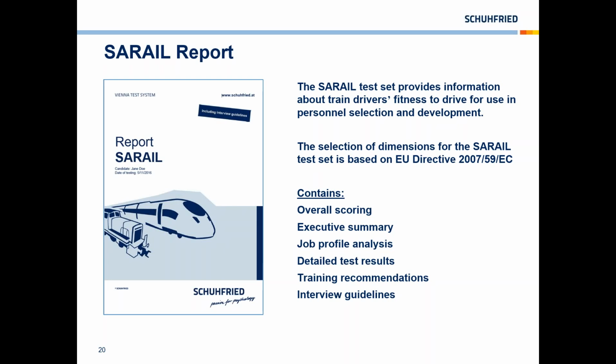You've got detailed test results and something new here, training recommendations. Very interesting: based on the test results, you get recommendations on how to improve. And you also get an interview guideline. This is also something new and very interesting. Based on the test results, you will get an adapted interview guideline that you can just use as a structured interview when you're having an interview with your applicant.